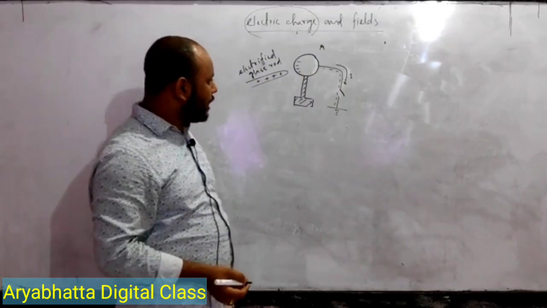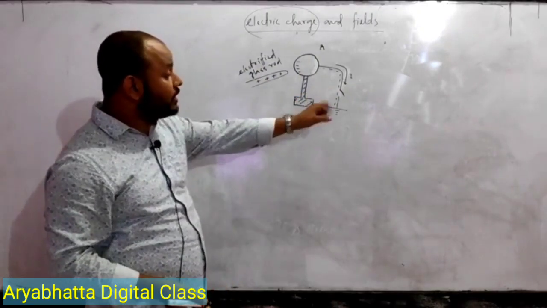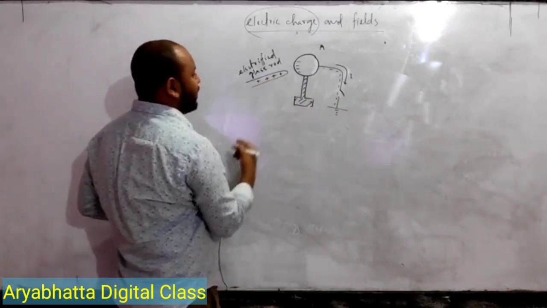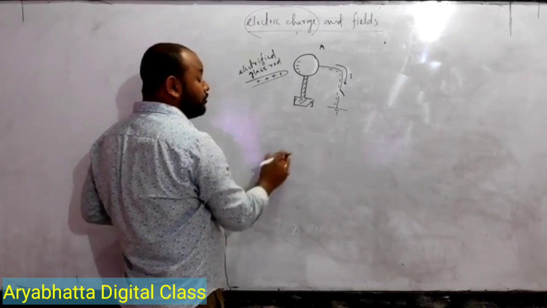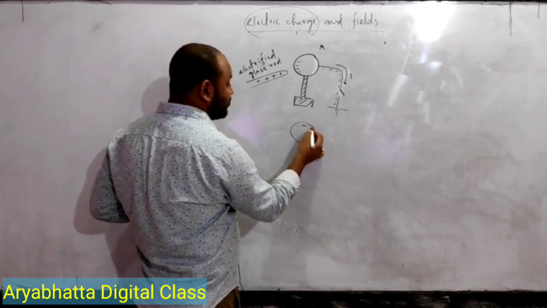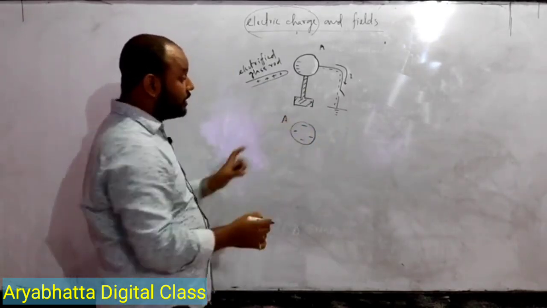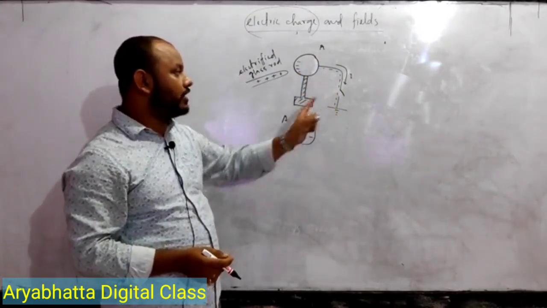In the second picture, after opening this conducting wire, you remove this electrified glass rod. When you remove the electrified glass rod, what happens? The negative charge will be symmetrically distributed. Okay, so we can have a negatively charged ball with the help of this earthing wire.